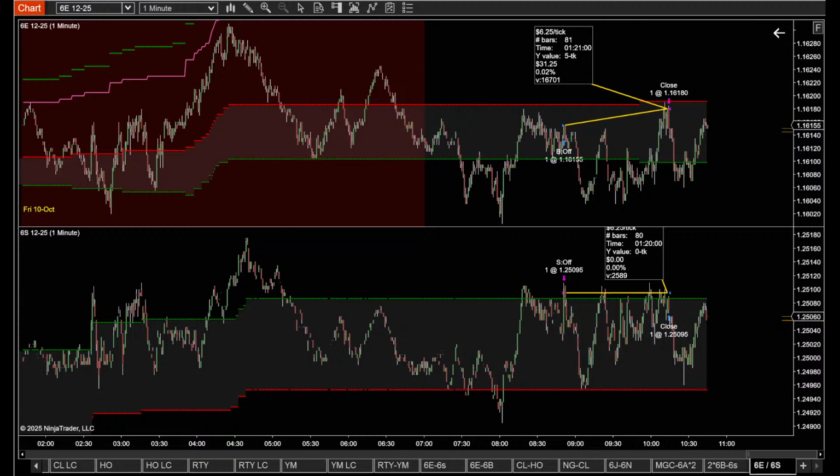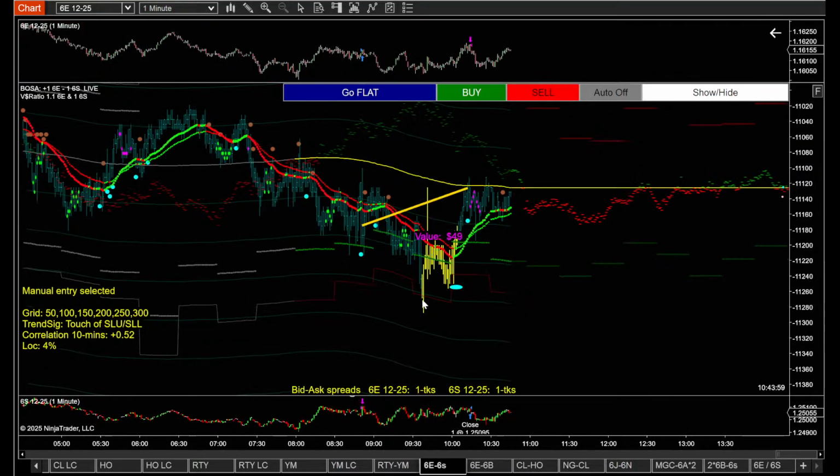And I mention that because you can certainly add more contracts here. Certainly, there's no problem. These are very small grid increments, 50 bucks, 100 bucks, 150. So each of these green lines is an equity change of $50. Had I gotten in here, that spread would have pulled in $144.